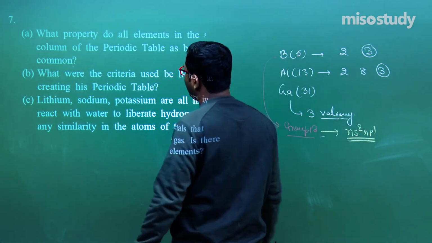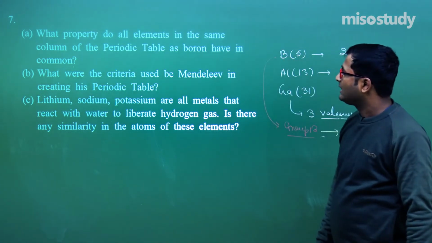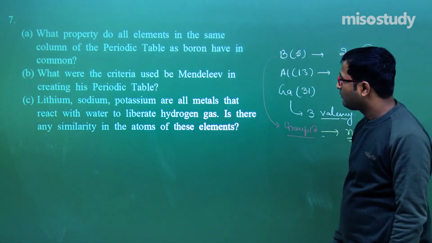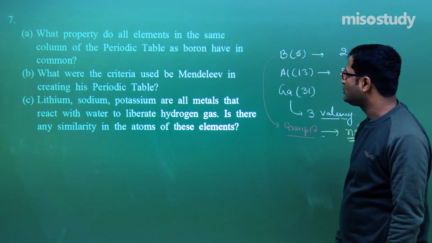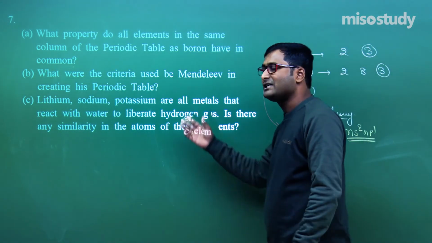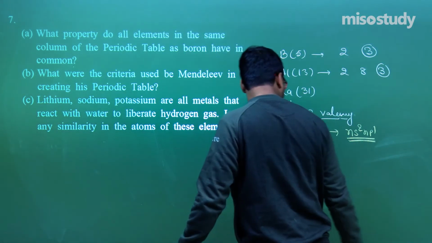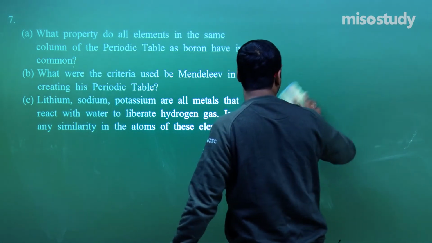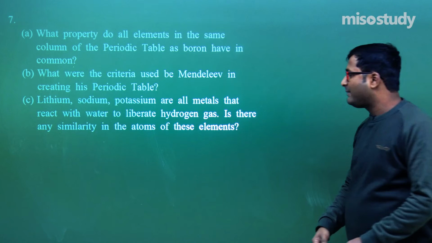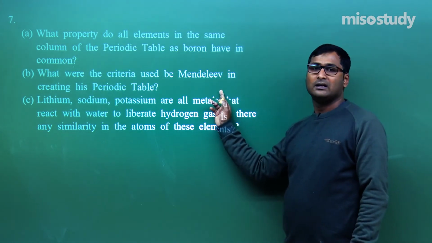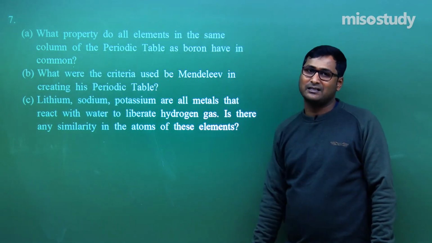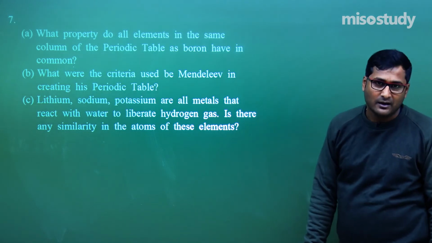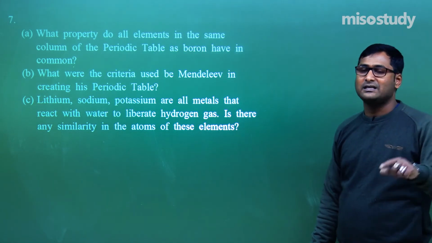Now what were the criteria used by Mendeleev in creating his periodic table? His periodic table was completely based on atomic mass. He stated that the properties of elements are a periodic function of their atomic mass, and he arranged the elements in order of increasing atomic mass.